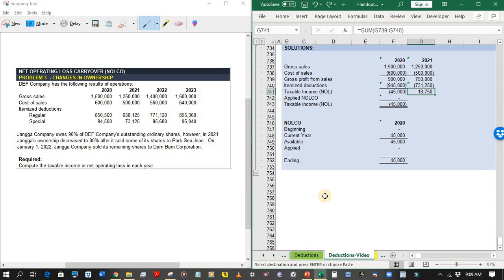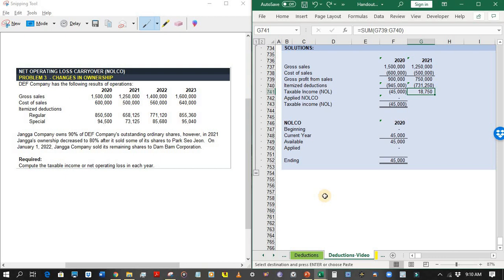And since our result is a taxable income and we have an available NOLCO at the end of 2020, which is 45,000 pesos, which means that the taxable income of 18,750 can still be reduced by the amount of available NOLCO. Of course, only up to the extent of the taxable income.